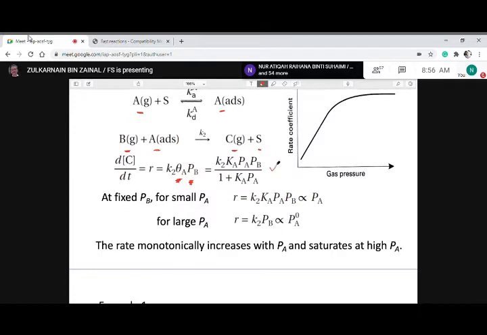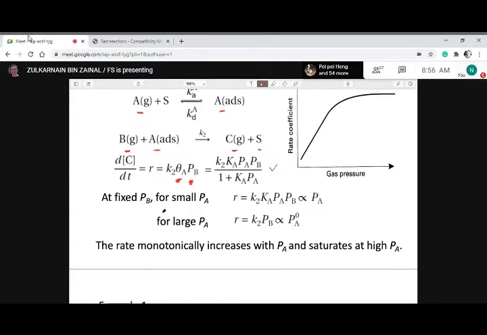So the equation becomes simpler compared to the Langmuir-Hinshelwood equation, because it doesn't involve the surface coverage of B. A is not competing with B in this case. Only A is adsorbed, and A has to react with B in the gas phase, and then the product is released to the gas phase.